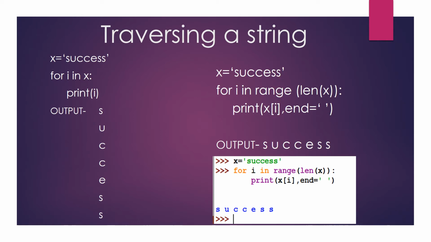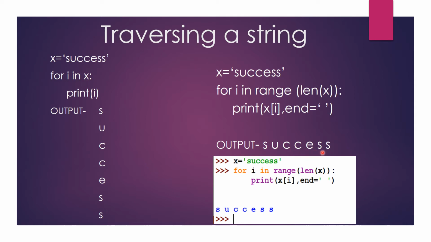Here we have given the end argument. As you know, it is given when we want the cursor to stop here, meaning the cursor will not go to the next line. By default, print goes to the next line. When we use end equal to and whatever space we mention, one space or two spaces, that space will come after printing each individual character.